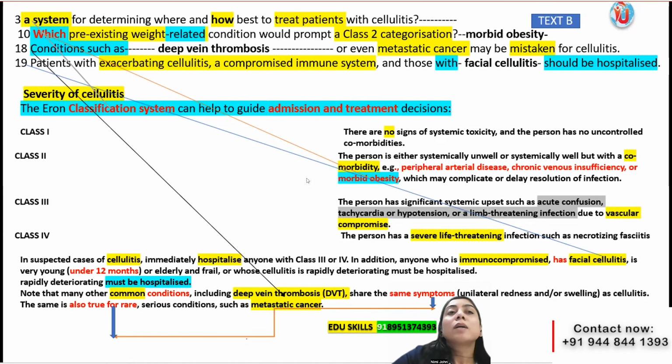Do you remember we do the skimming and scanning for the first one, the four texts? Then we have to look at the title, subheadings, modal words, negative expressions, numbers, abbreviations like that. So here there is one abbreviation, DVT. We have to identify and underline this DVT here.